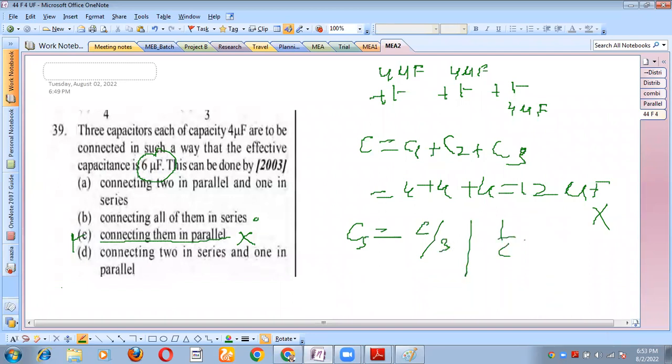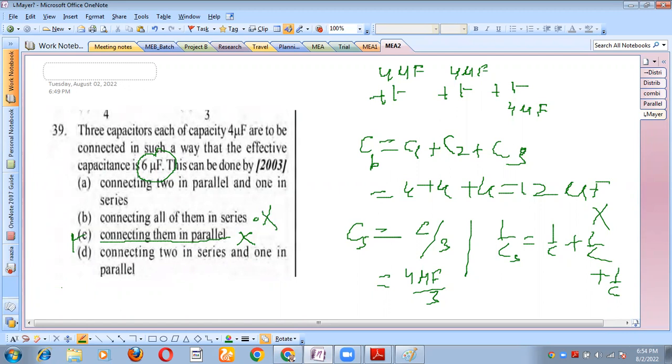We know that 1 by C equal to 1 by C plus 1 by C plus 1 by C. So we will get 4 by 3 microfarad in series combination, which is also not correct. We don't need 4 by 3. So B is also not correct.